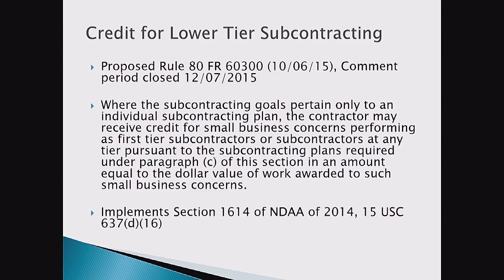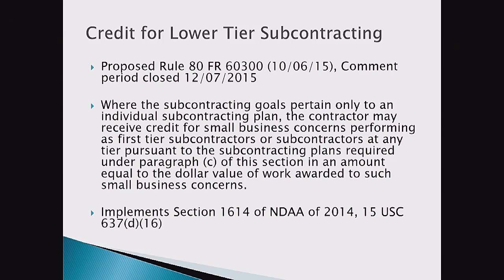But the basic idea is if you have an individual subcontracting plan as a large business, you're going to set 2 goals. One for your goals at the first tier, and then another goal for subcontracting by your lower tier subcontractors that will have subcontracting plans. So that's how it works. Individual subcontracting plan. Right now you only goal and report at the first tier.